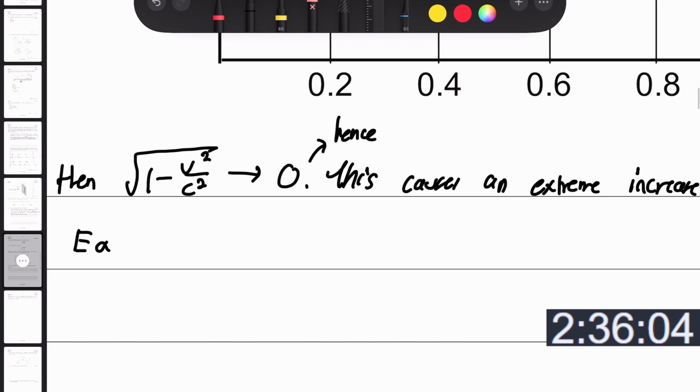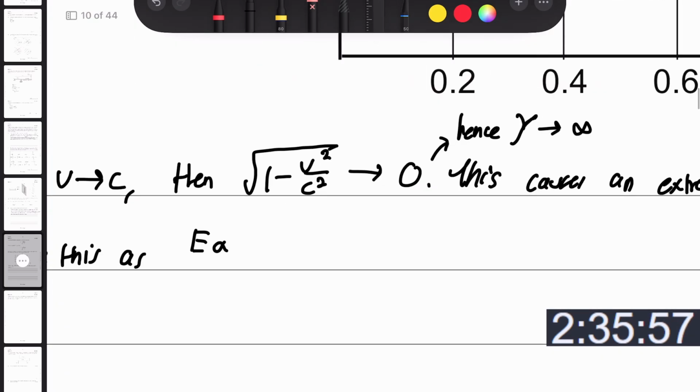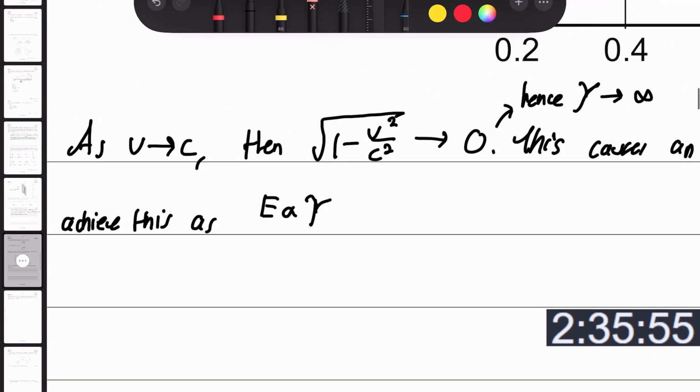Hence, the Lorentz factor approaches infinity. E is proportional to that.